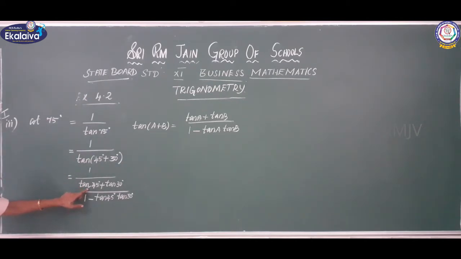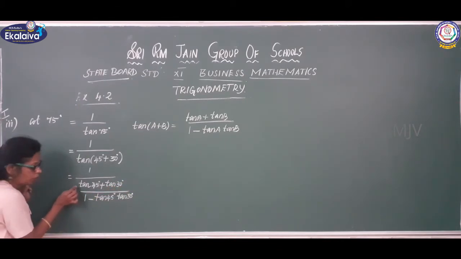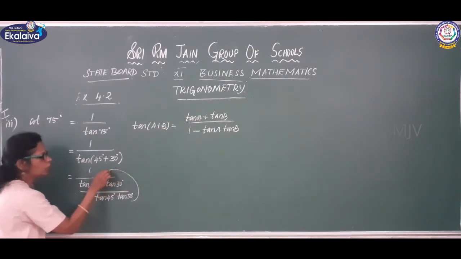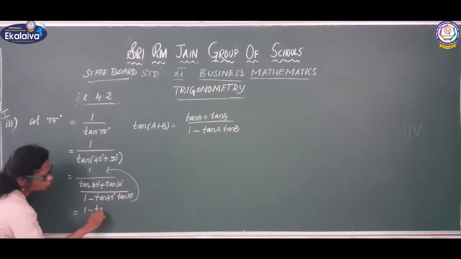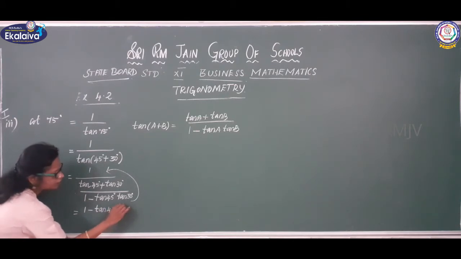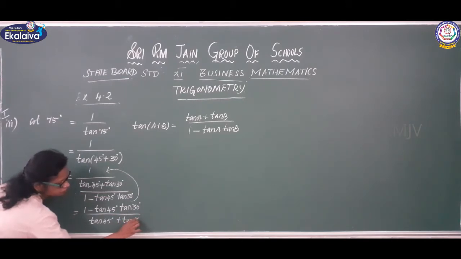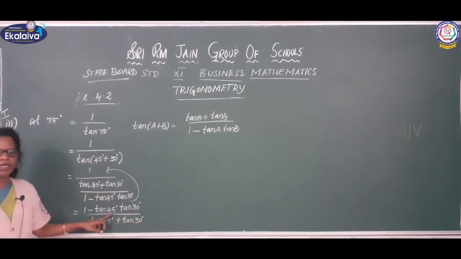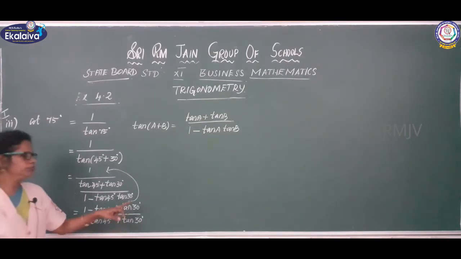Tan 45 degree, the value is 1. Tan 30 degree, 1 by root 3, right? Now, I told you, if the denominator is a fraction, you should write it as a reciprocal. So, what can you get? 1 minus tan 45 degree tan 30 degree divided by tan 45 plus tan 30. Tan 45 degree, I told you 1. Tan 30 is nothing but 1 by root 3.